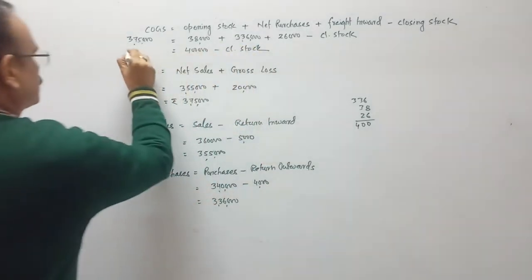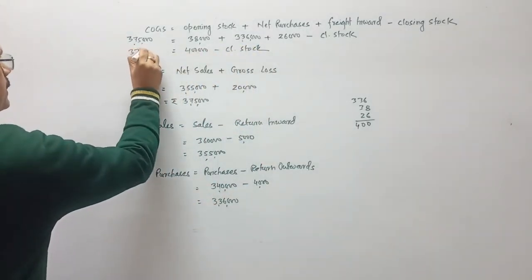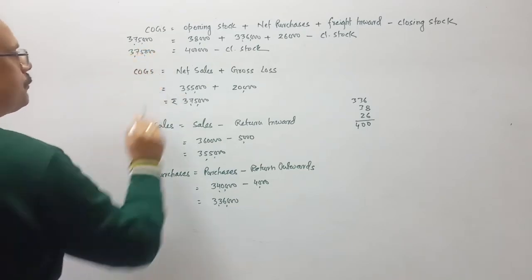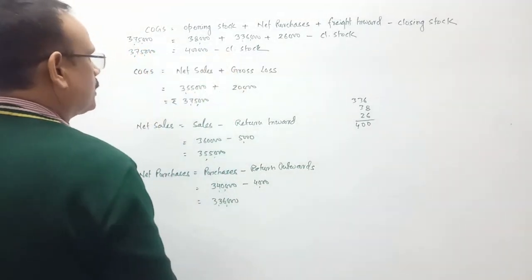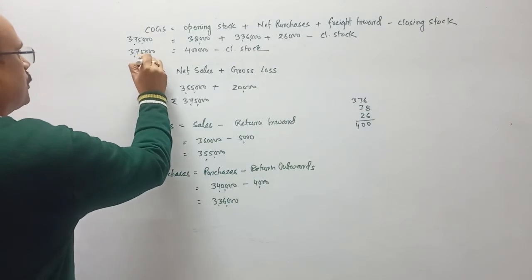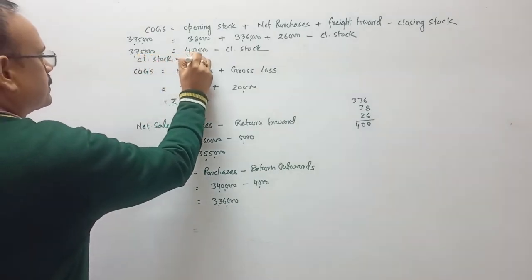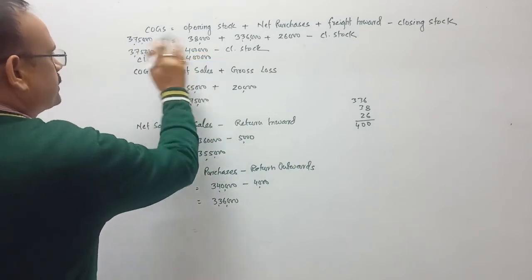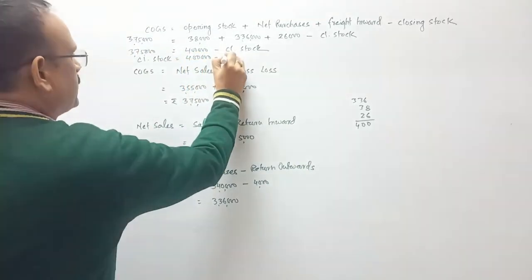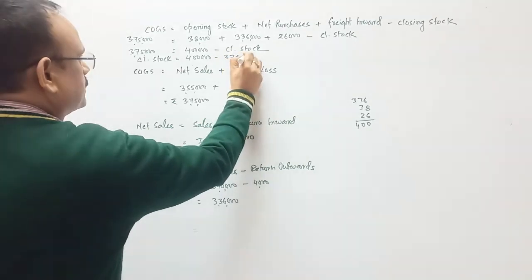So 3,75,000 cost of goods sold is equal to 4 lakhs minus closing stock. So closing stock is equal to 4 lakhs minus 3,75,000.